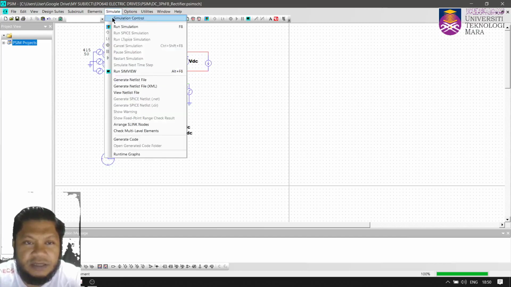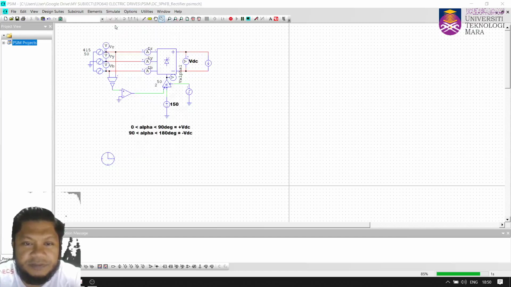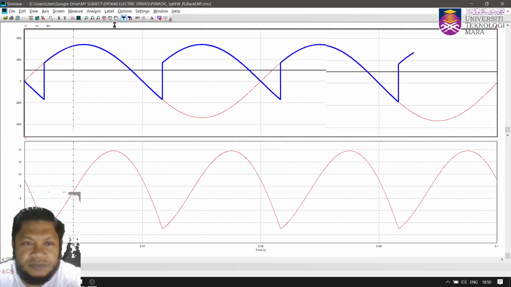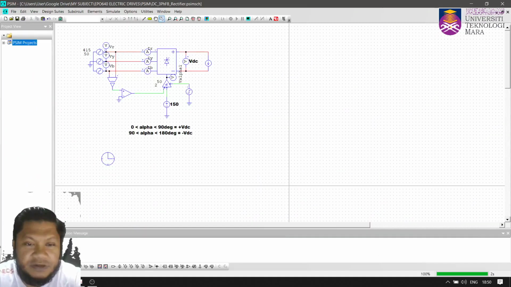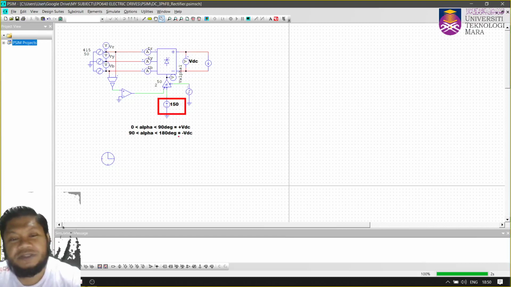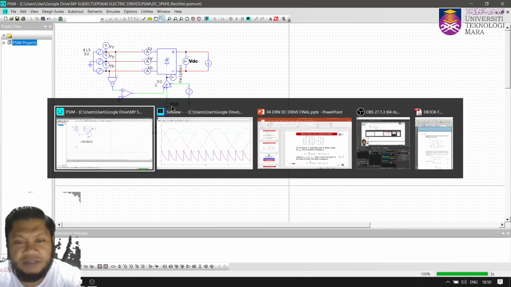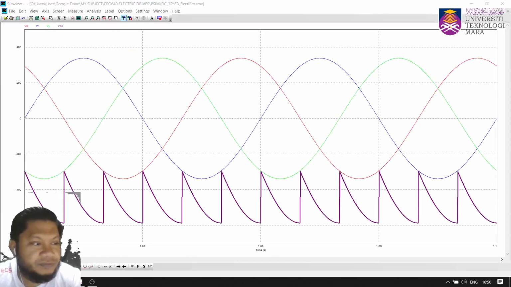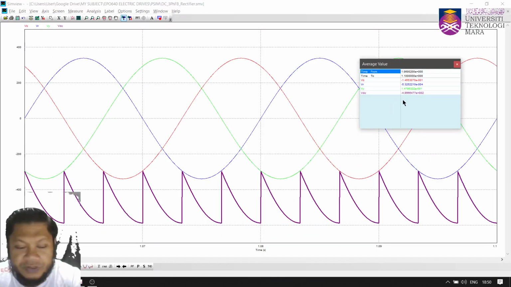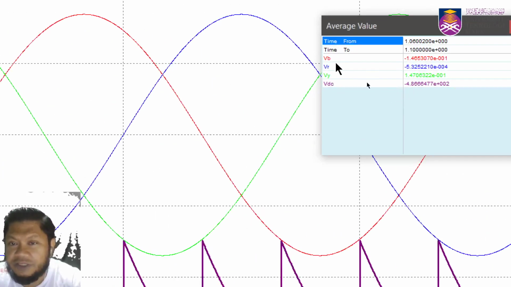Okay, run the simulation. So your output voltage is negative, okay, because you have 150 degree operation, so you have negative voltage here, isn't it? If I go back to here and measure, it will give a negative voltage.